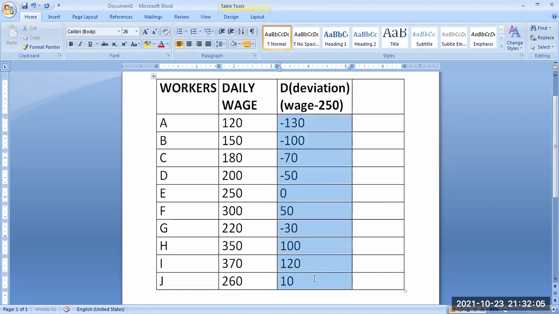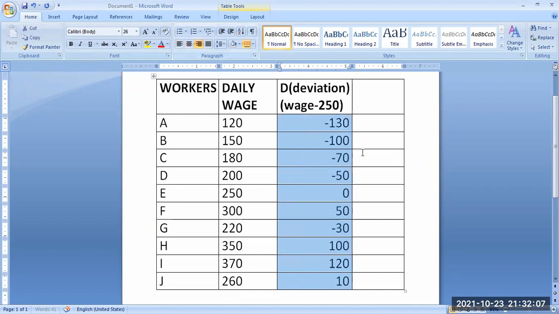Did you understand how these values came? These values are the differences between each wage and our assumed mean.